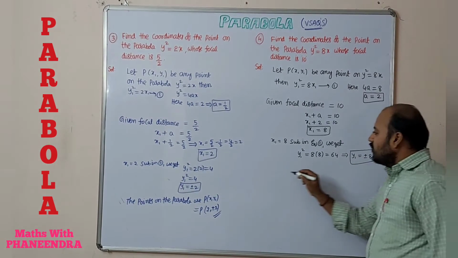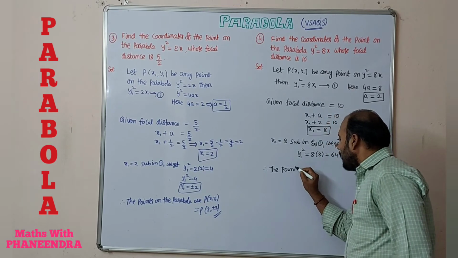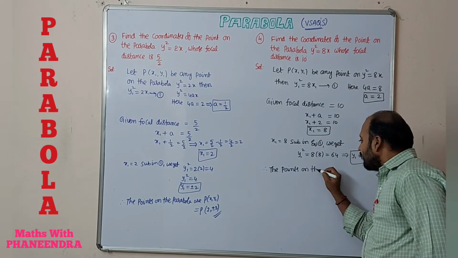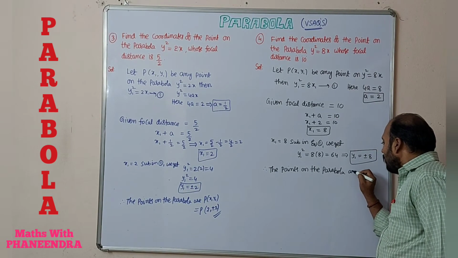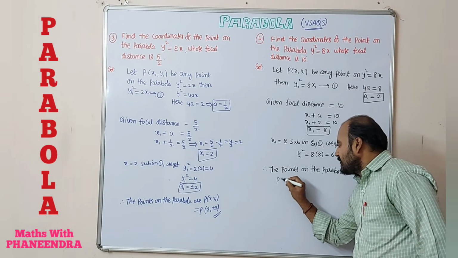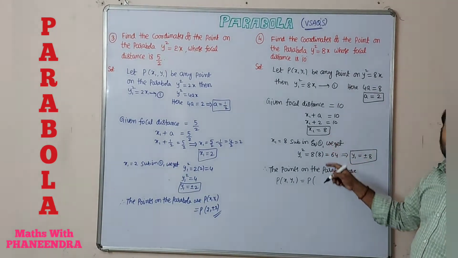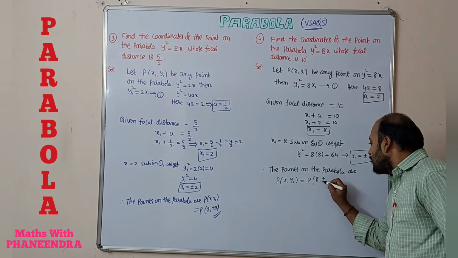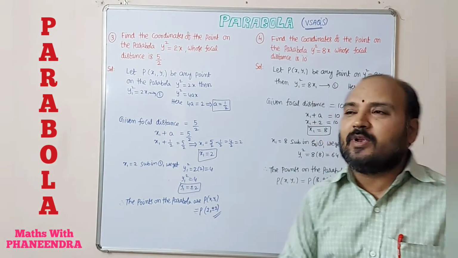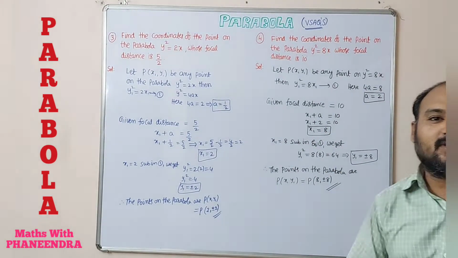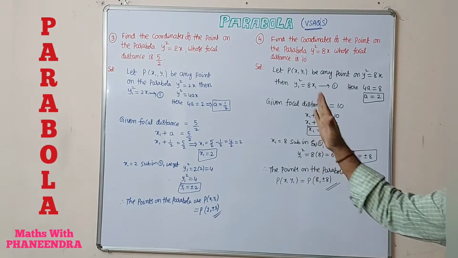So therefore the points on the parabola are P of x1 comma y1 is equal to P of 8 comma plus or minus 8. Number of times they asked in the public examination, dear students, these two questions. So thoroughly you prepare. So first model completed, second model it is.